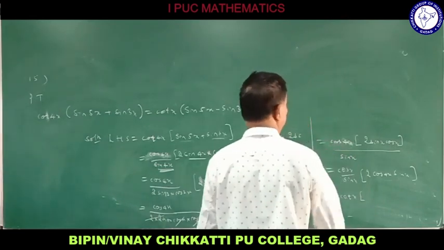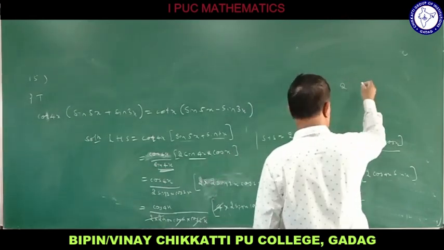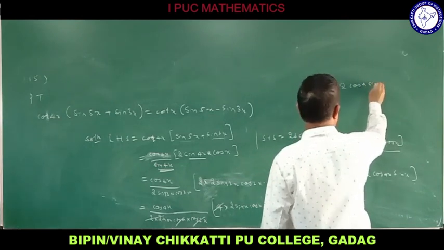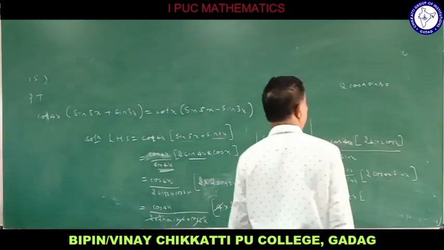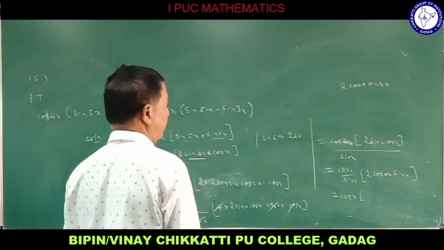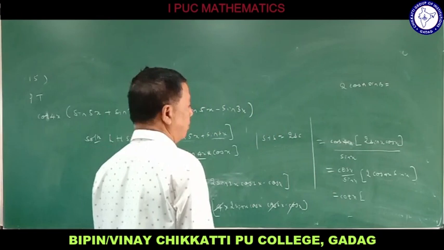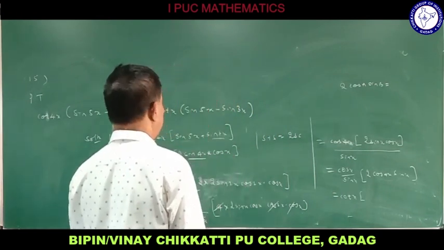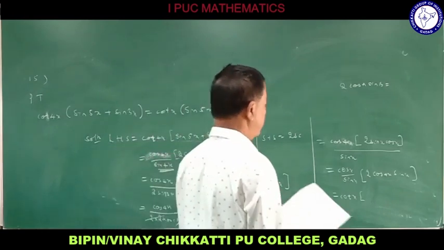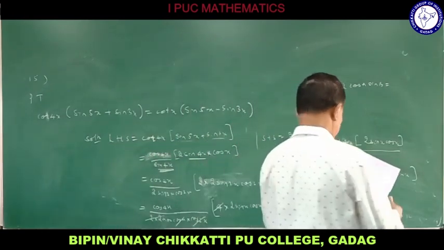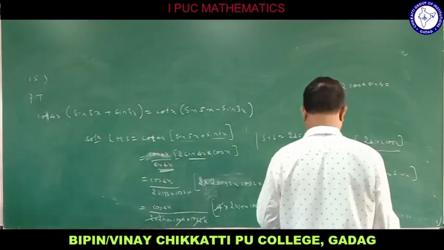Try to understand the formula that 2 cos a sin b is sin of (a plus b) minus sin of (a minus b), and accordingly you have to see the result. When you apply that to 2 cos 4x sin x, ultimately you see the answer.